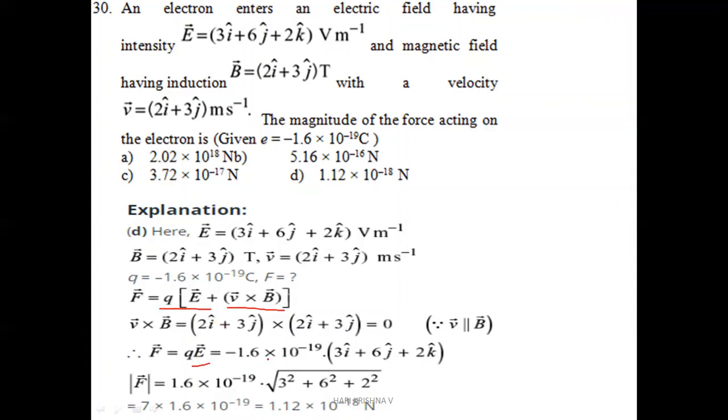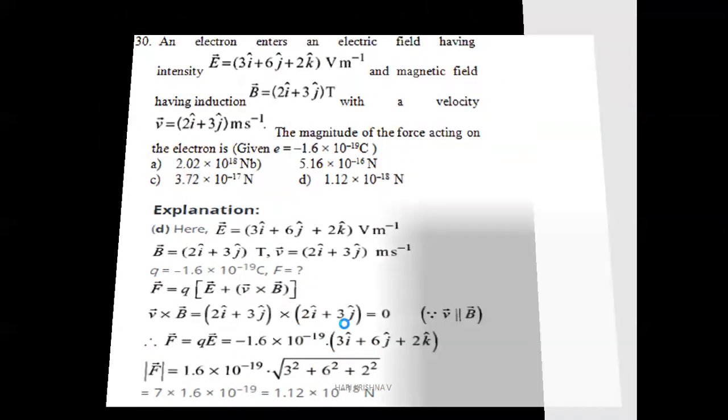Q is 1.6 into 10 raised to power minus 19 into 3i plus 6j plus 2k. Taking the magnitude, 3 square, 6 square, 2 square, we get 49. Square root of 49 is 7. When you take the magnitude, the minus value changes to positive. So 7 into 1.6 into 10 raised to power minus 19, which is 1.12 into 10 raised to power minus 18. So option D.